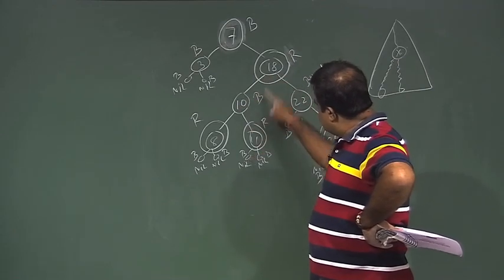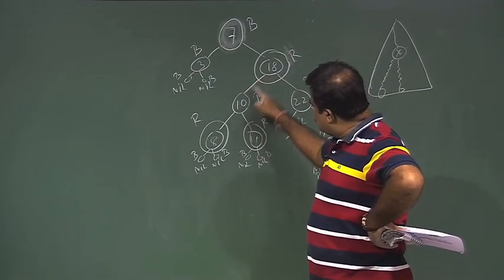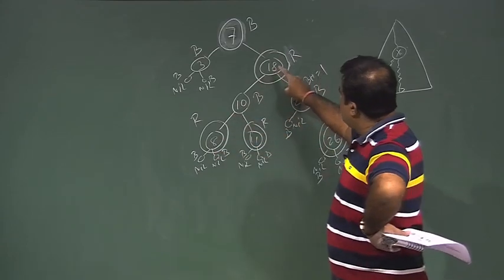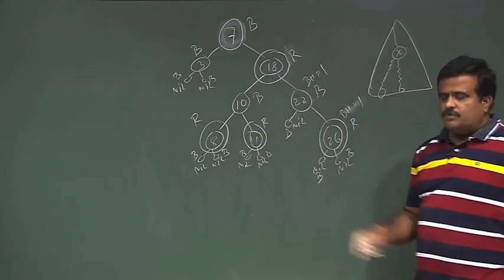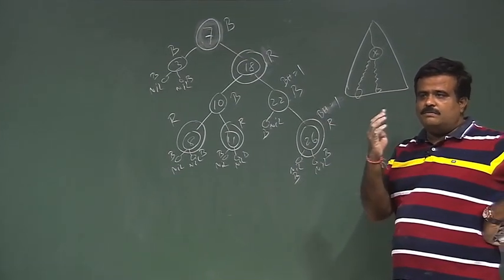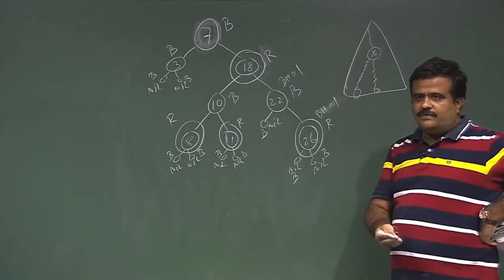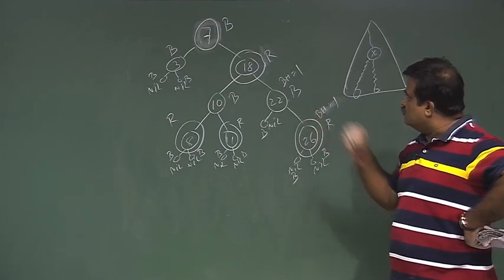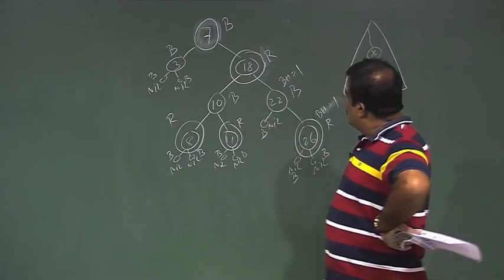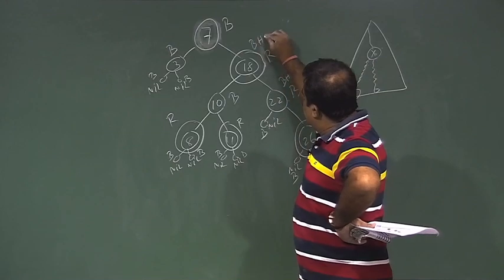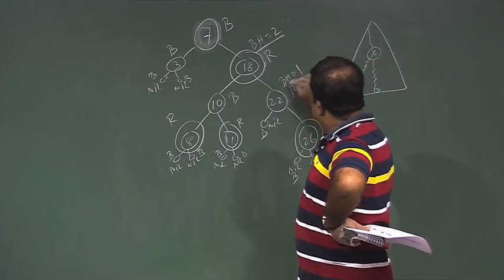From this node, if we look at all the simple paths to the leaf, all have the same number of black nodes, which is basically 2. So, the black height of this node is 2.